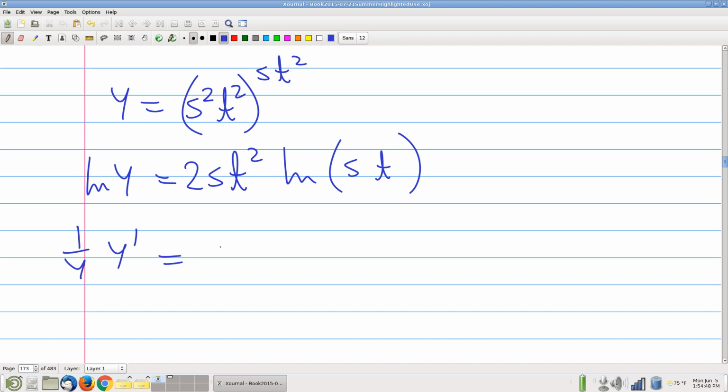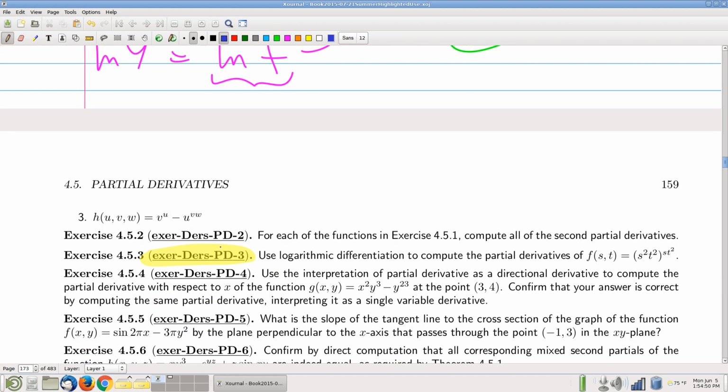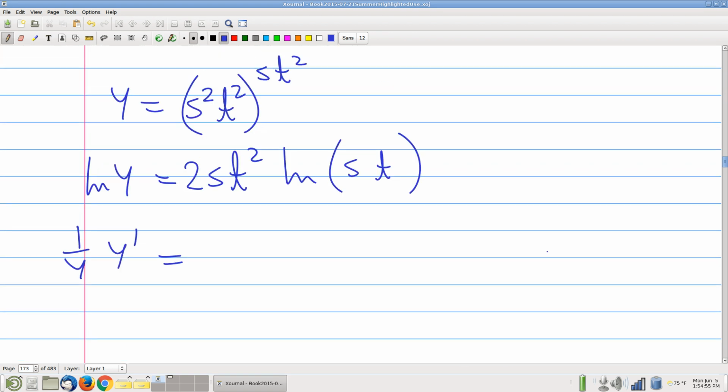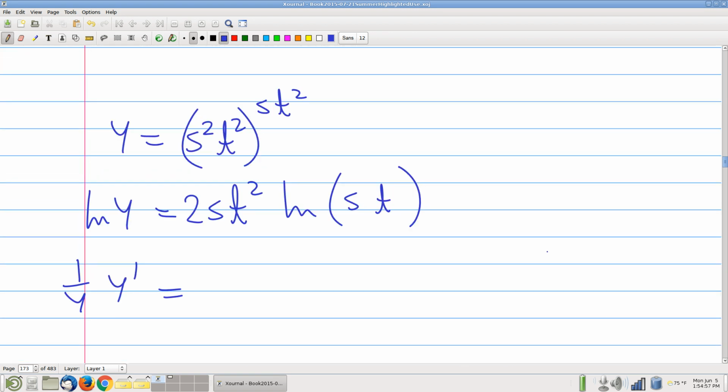And now here's where it does get a little bit annoying. By the way, we're taking a derivative. Oh, we're doing both of the partial derivatives. So I can't say prime. That was silly. In retrospect, what was I thinking? Partial of y with respect to s. So I'm going to do the s partial here.